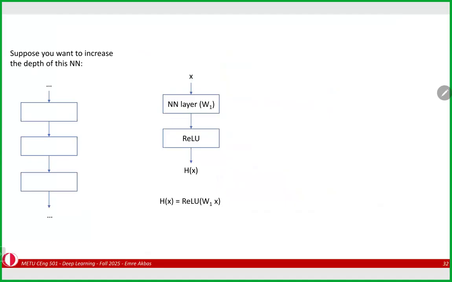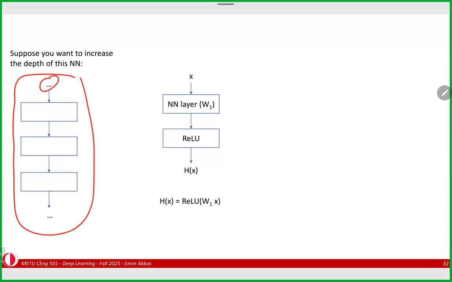I will try to illustrate it on this toy example. So suppose that we have a neural network like this. It has 3 computation blocks, but there are maybe other computation blocks here and also in the continuation. So what I want to do is insert some layers in between this block and that block.